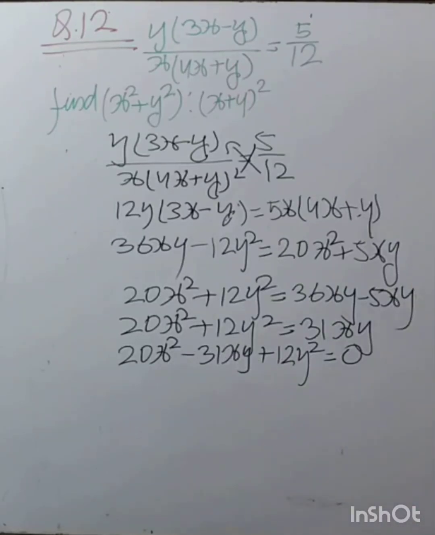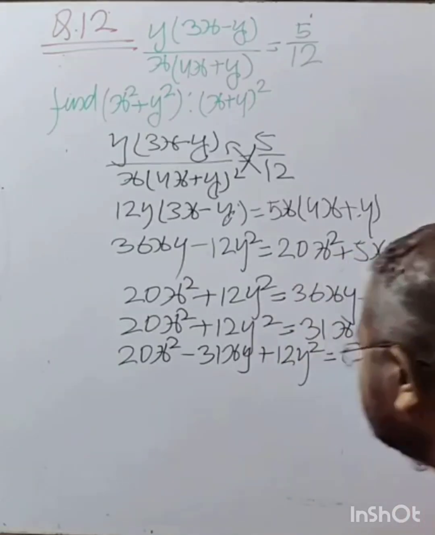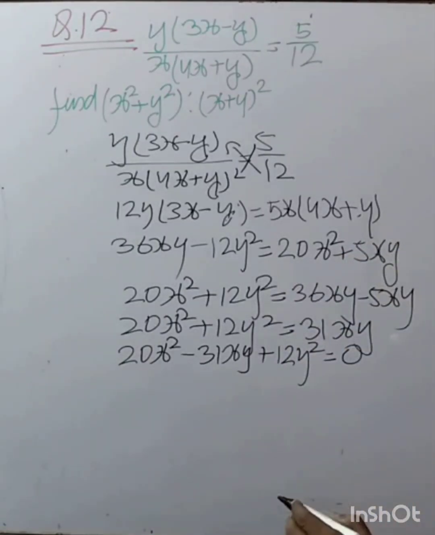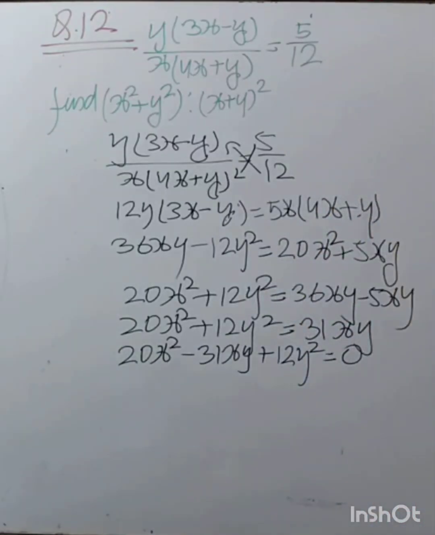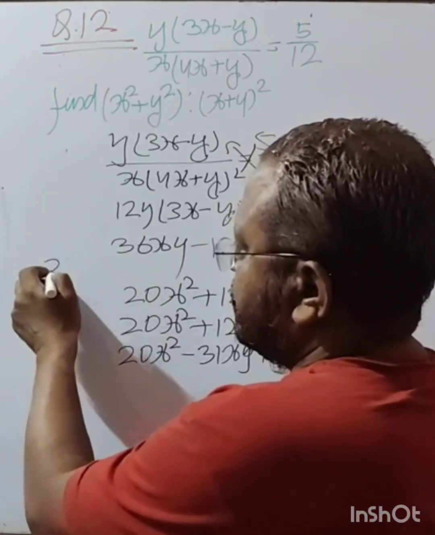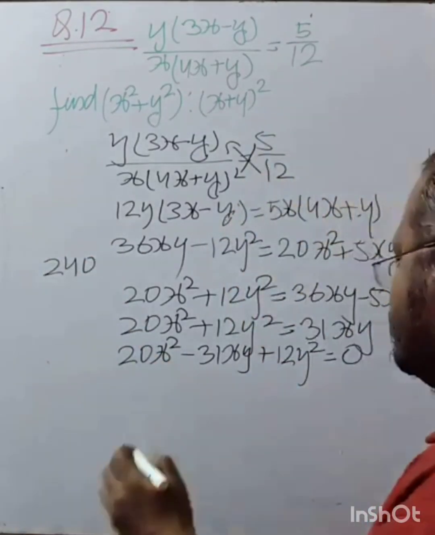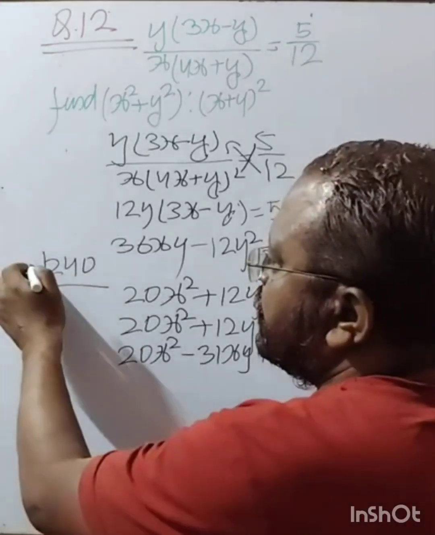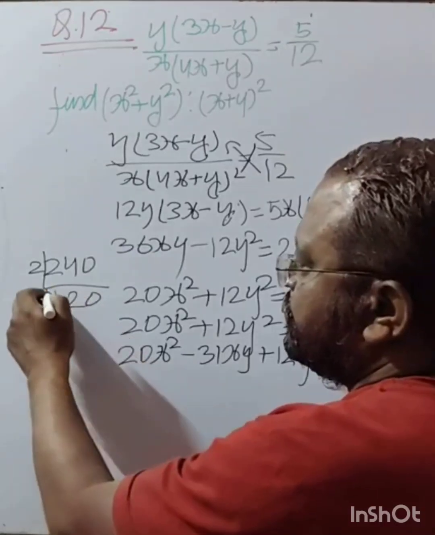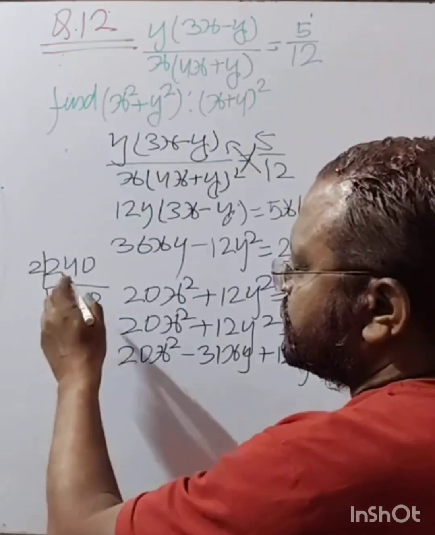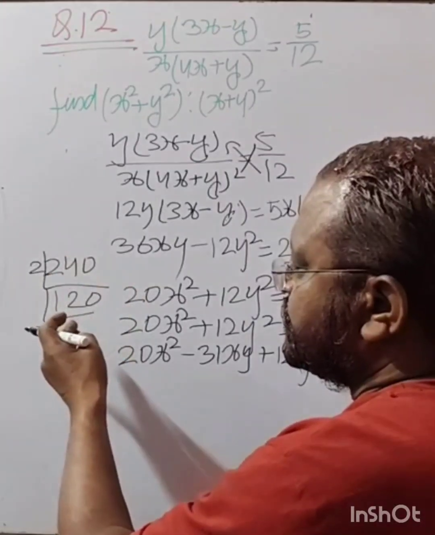Now 20 into 12 is how much? 240. So you get 240. Right? So you take the factors of 240. 2 times 2 becomes 12. 2 times 1 becomes 2. 2 times 2 becomes 4.